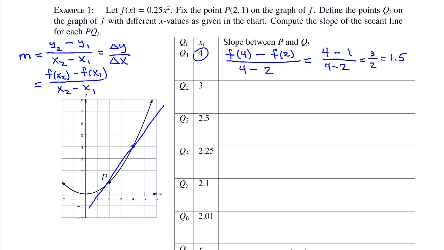And then this is x2 minus 2. This is fixed for this example, right? Because we're always leaving P by itself, and we're moving the Q points. Right here, P is fixed. This point is going to move and create different secant lines, but they're all emanating from P. Is that clear?